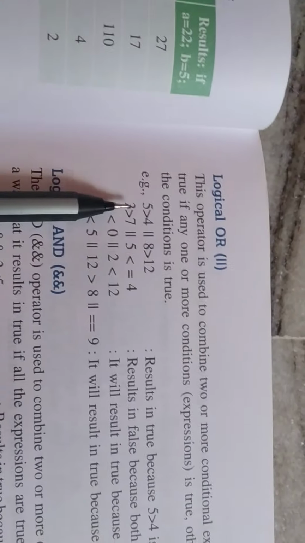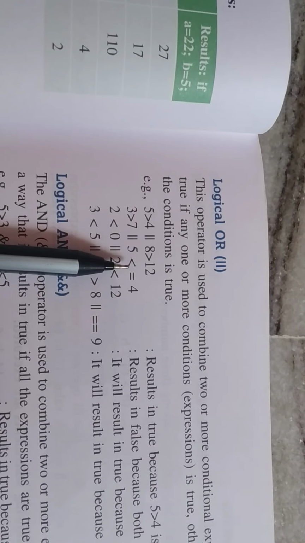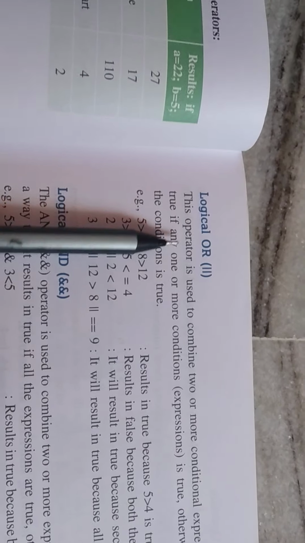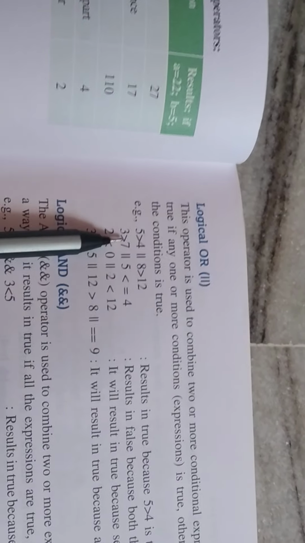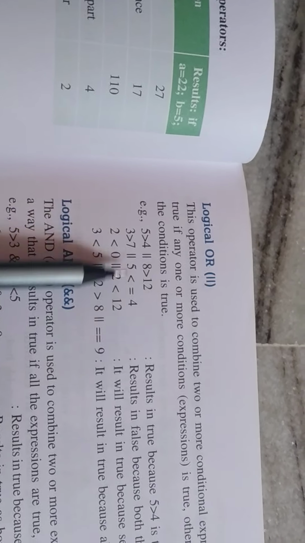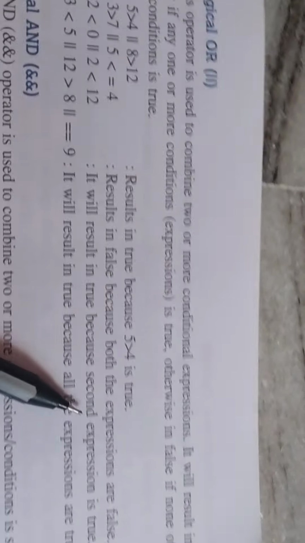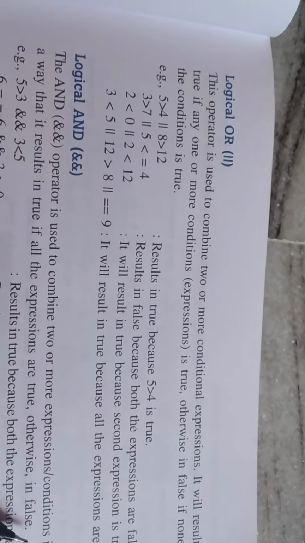But here both conditions are false. Logical OR says that your output will be true only when any one of the conditions is true, but here both conditions are false, that's why your output will be false. Why? Because both expressions are false. Clear?